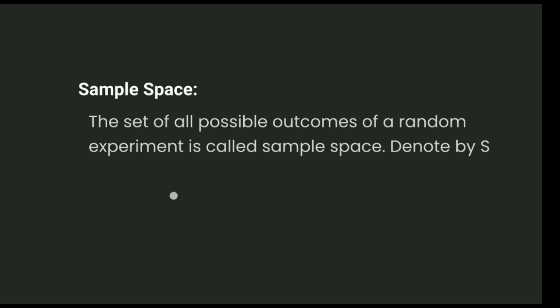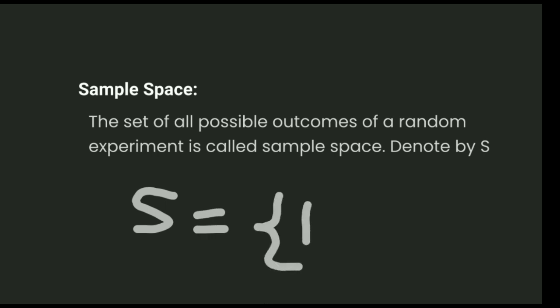What does that mean? Suppose you are tossing a coin. Let us say S equals either, what could be the outcome? Either you would get head when you toss the coin, or you could get tail. It is going to be either of them. So this set would be called the sample space of tossing a coin, because these are all the possible outcomes.